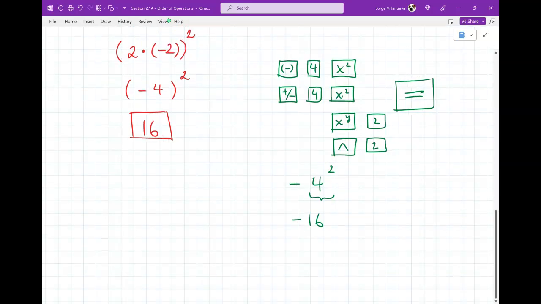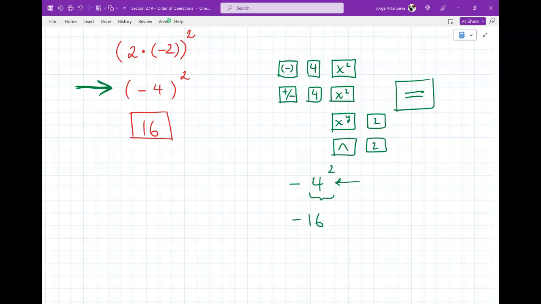Now, what if you type it the way I wrote it, like this? What answer does it give you? Now it gives you 16. Because now it says, oh, you want me to square negative 4, the whole negative 4. So negative 4 times negative 4 is positive 16.